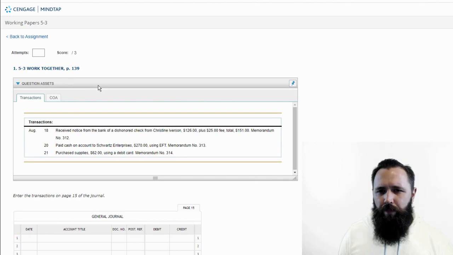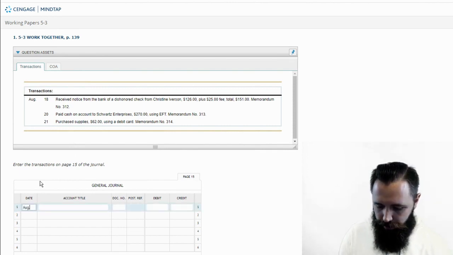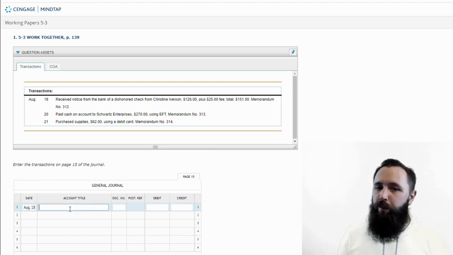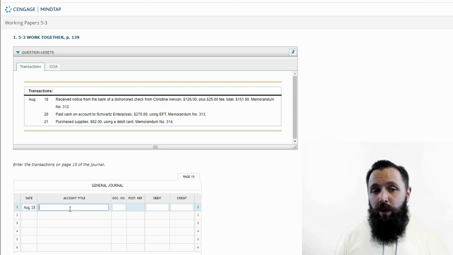Okay, so it says enter the transactions on page 15 of the journal. So on August 18th, we received a notice from the bank of a dishonored check from Christine Iverson, plus the $25 fee, which is a total of $151, memorandum number 312.